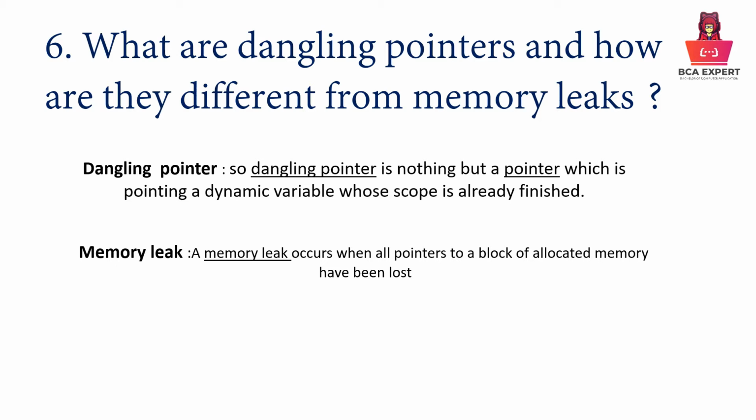Generally, a dangling pointer arises when the referenced object is deleted or deallocated without changing the value of the pointer. It is easy to say that a dangling pointer is nothing but a pointer which is pointing to a dynamic variable whose scope is already finished, meaning already deallocated.